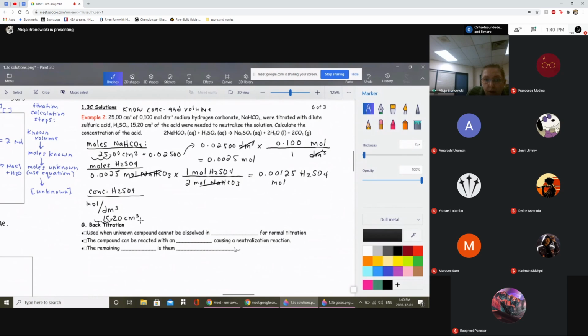So for my volume, I have 15.20 cubic centimeters, which is 0.01520 dm3. So 0.00125 mole over 0.01520. That is 0.0822.